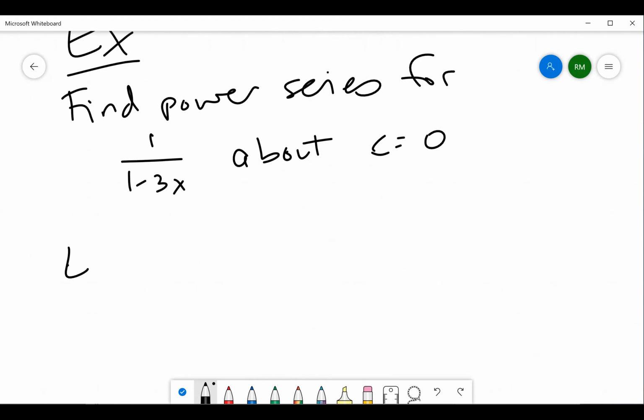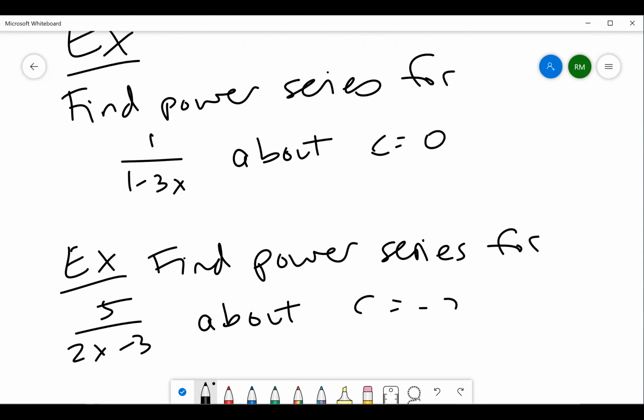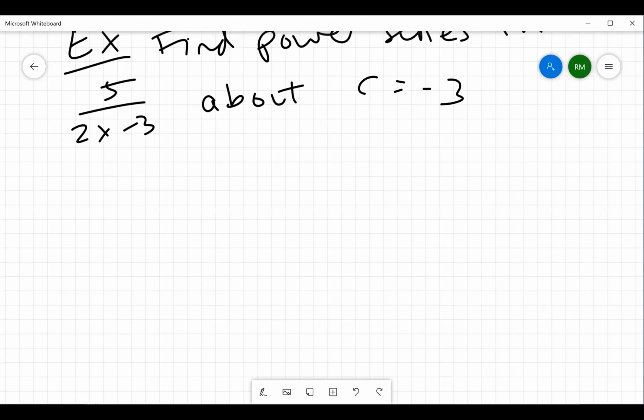And then another example, which might actually require some work, is to find the power series for 5 over 2x minus 3 about c equals -3. All right, so do those in your notes.